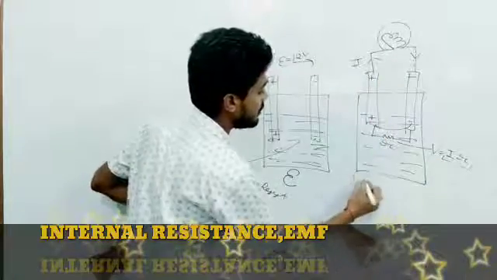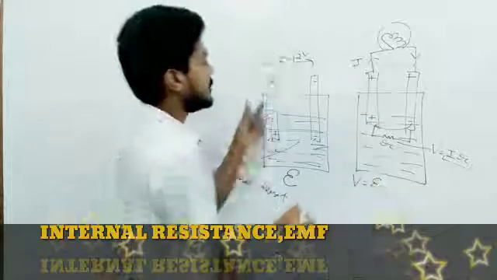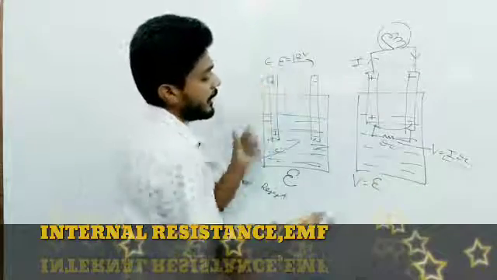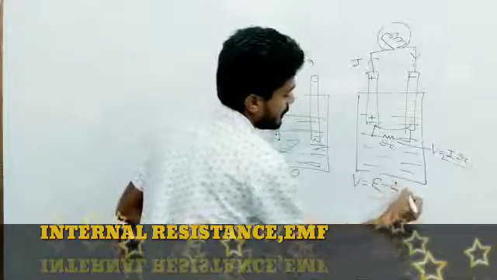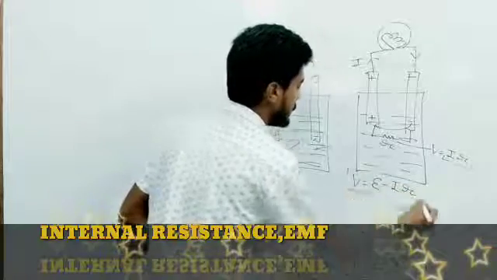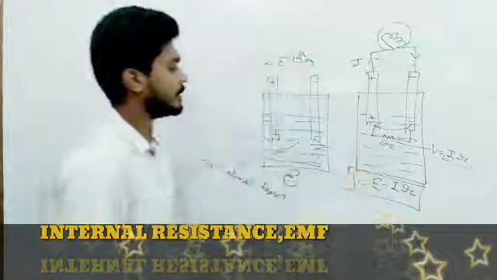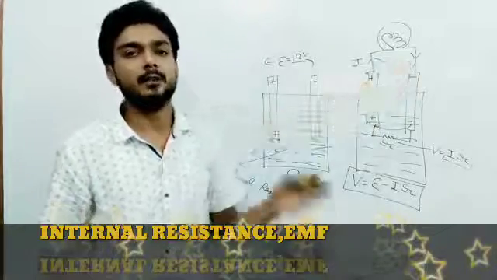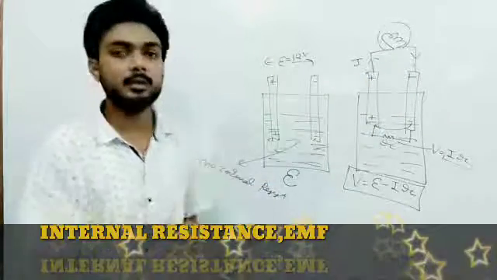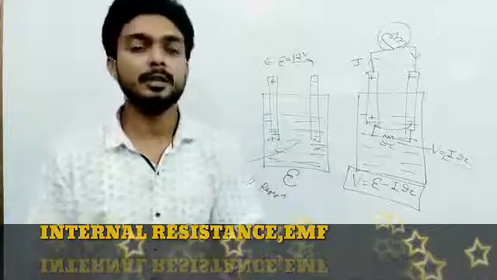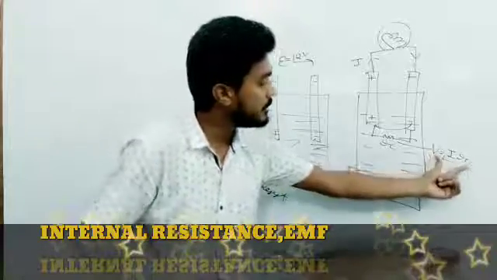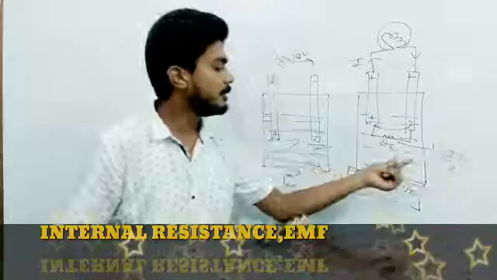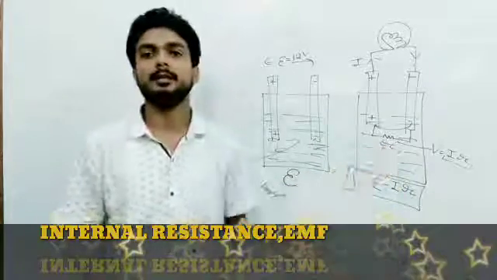The actual amount was E, and the remaining amount is V equals E minus Ir. And this V is the terminal potential difference. We always reduce the potential difference which is lost inside.